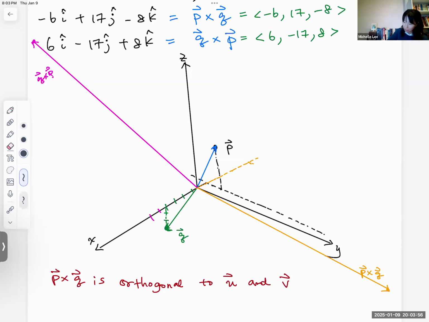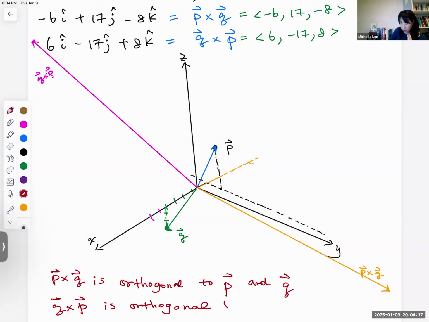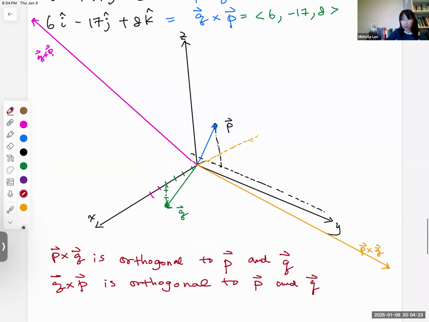I'm sorry, not U and V, P and Q. And can you see that the cross product of Q and P is also orthogonal to P and Q, right? Orthogonal means perpendicular.